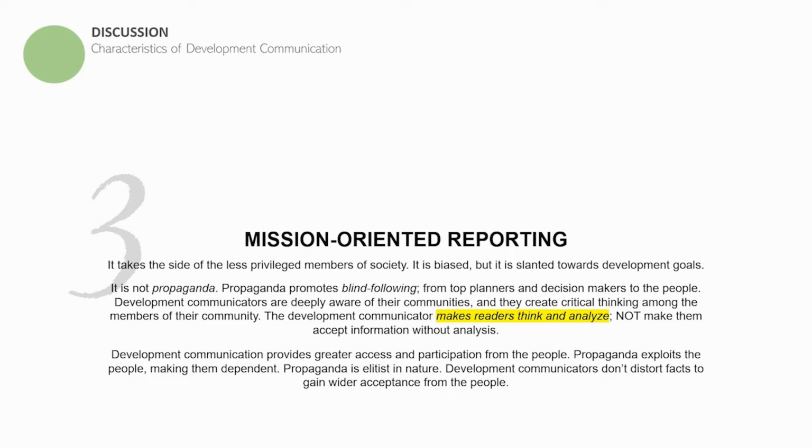Development communication provides greater access and participation from the people. It encourages the people to think about development. It encourages people to share their opinions about a particular development, not just accept it. On the other hand, propaganda is exploiting the mass of people who don't fully understand what they are promoting.